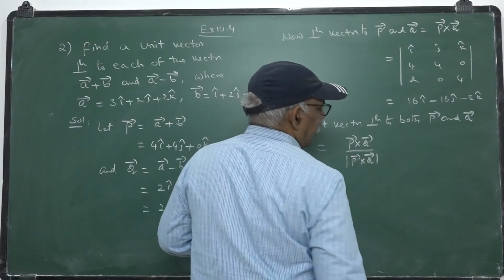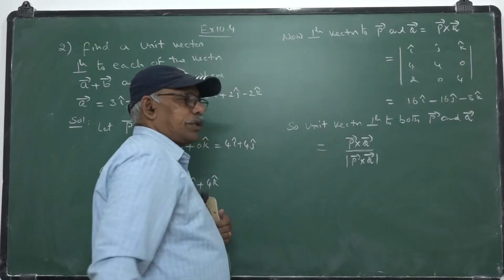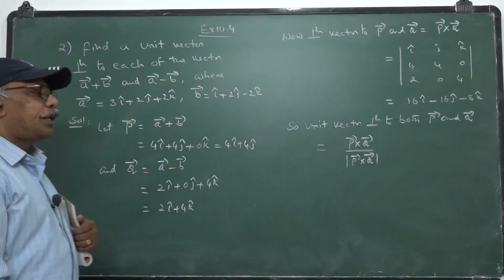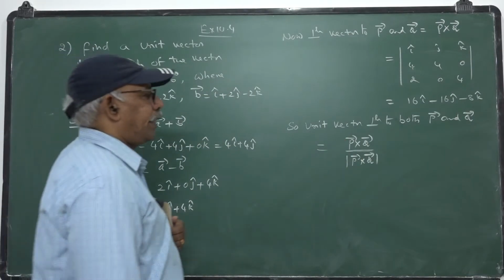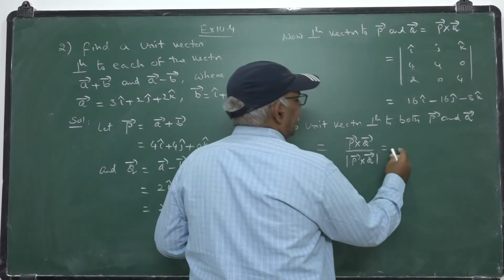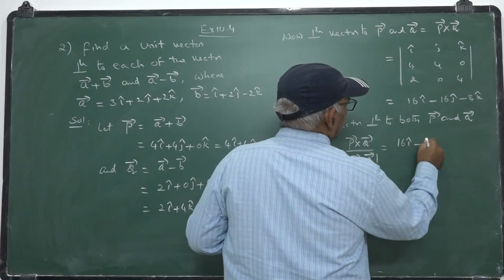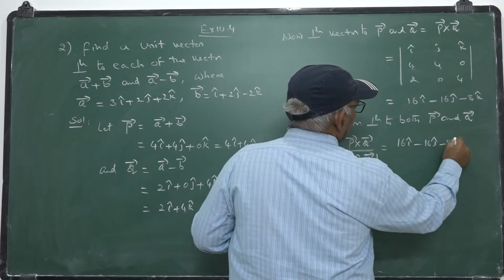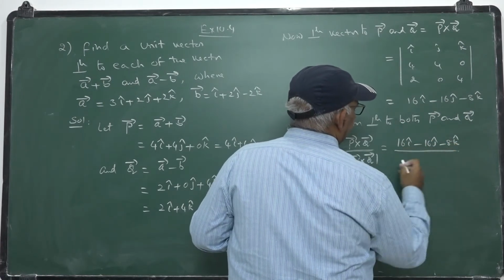The unit vector in the direction of any vector is obtained by dividing that vector by its magnitude. So that is 16i minus 16j minus 8k divided by its magnitude.